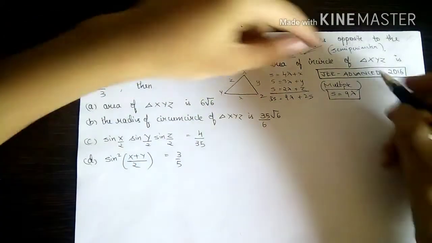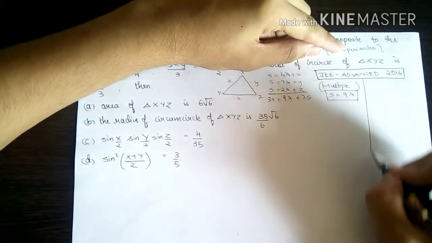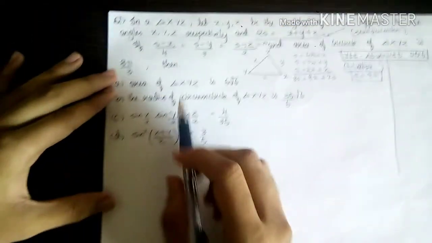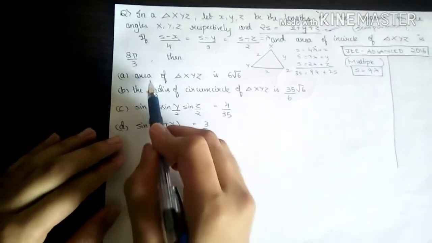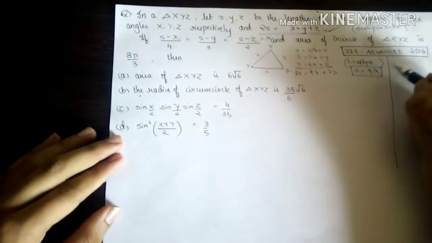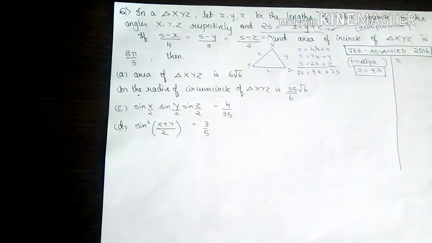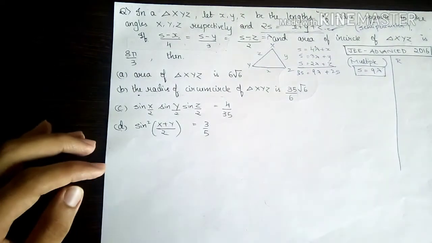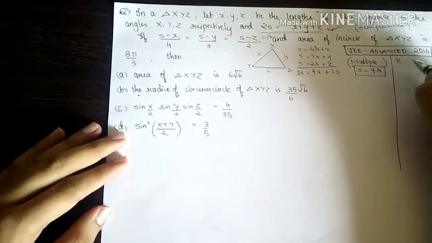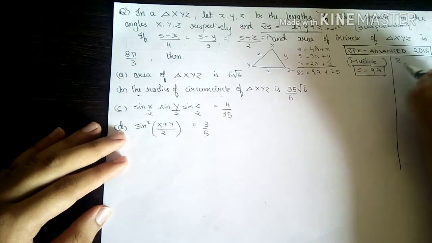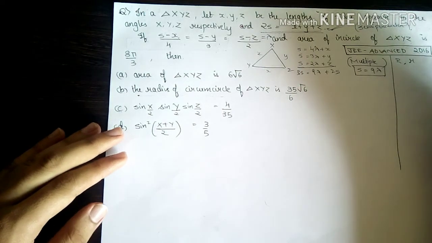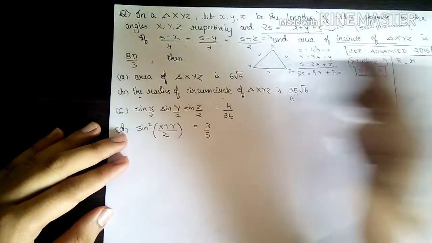Now let me write the formulas which will be required, because looking at the options, I need the radius of the circumcircle, capital R, and many other things. We also require a formula for small r, the inradius, because the area of the incircle is given to us.